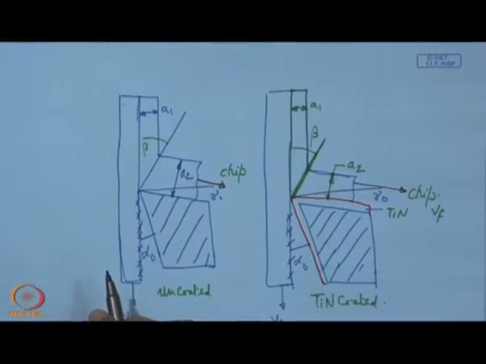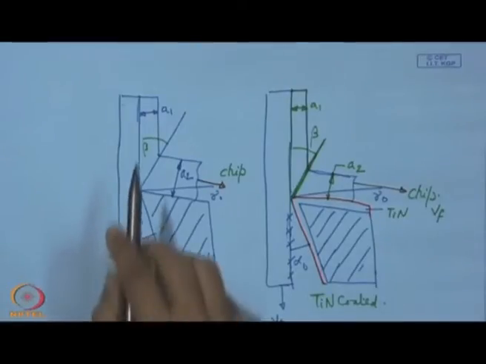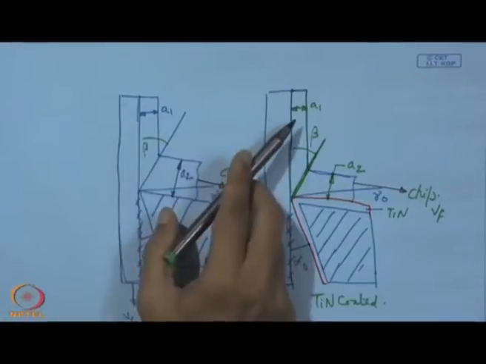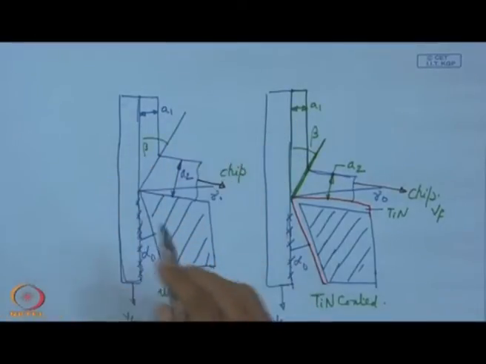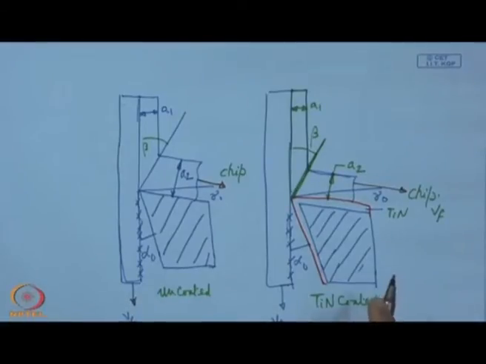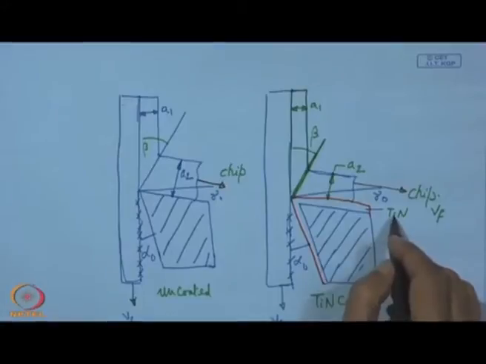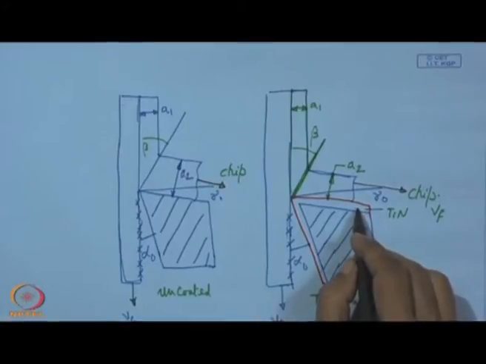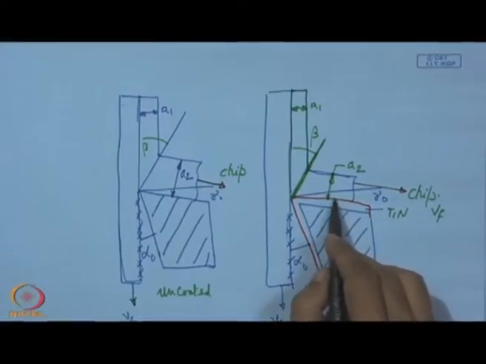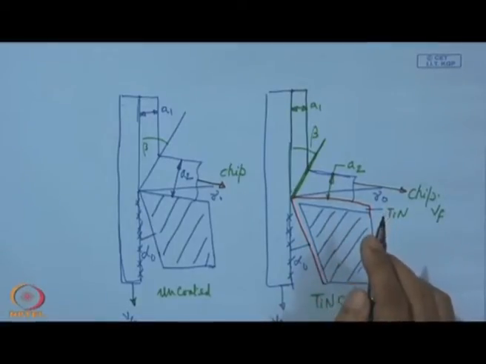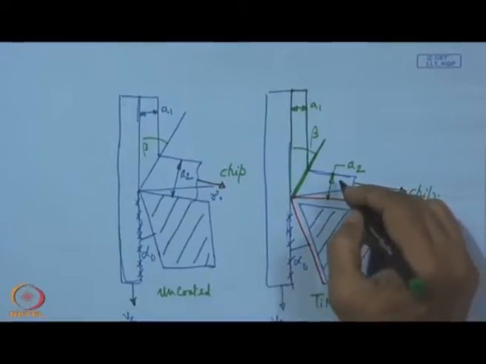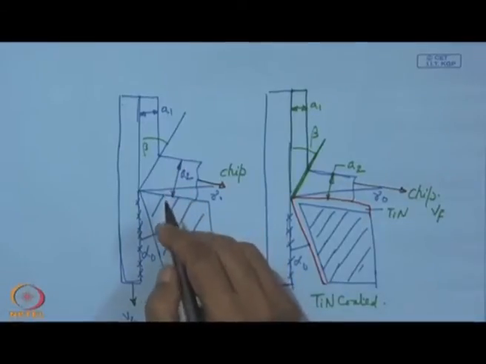These are the two things one machinist has to have a careful look at: we have the same value of A1 for both tools and they are moving with the same velocity, say for example. However, since we have a coating which is anti-welding and anti-adhesive, giving a lower value of friction at this interface, expectedly the value of chip thickness will be smaller than the value of chip thickness here.